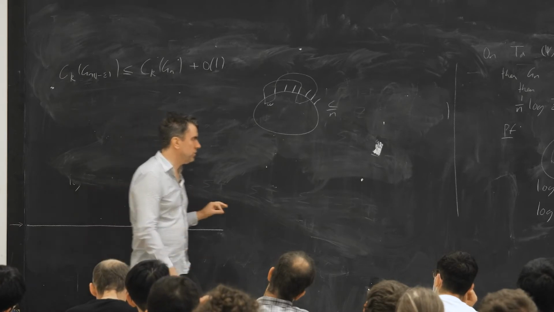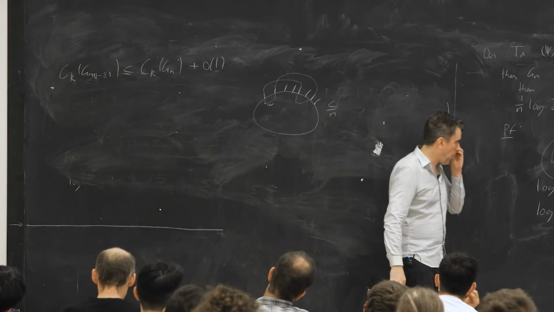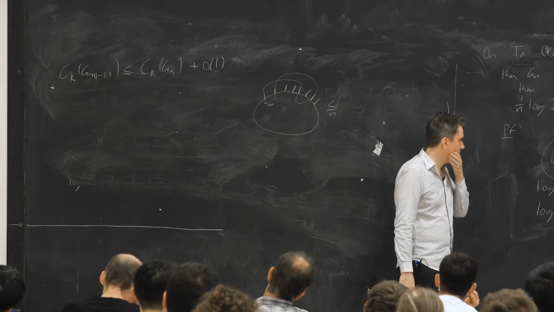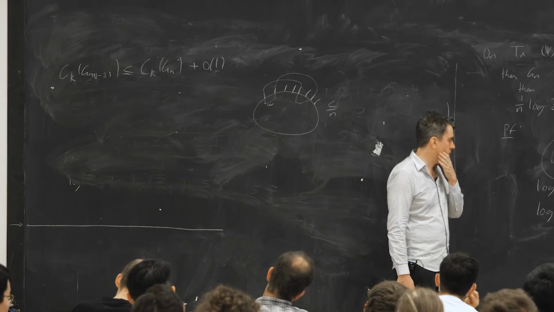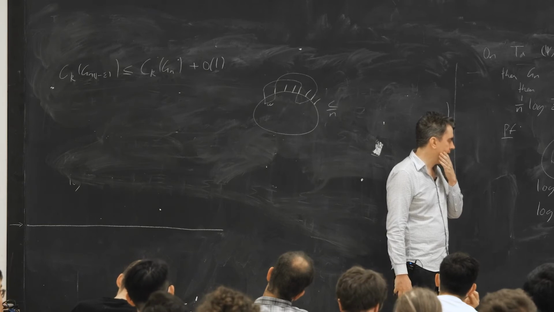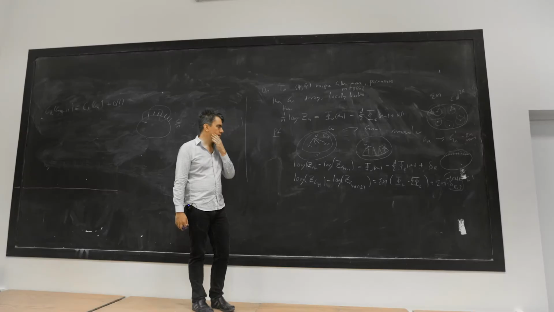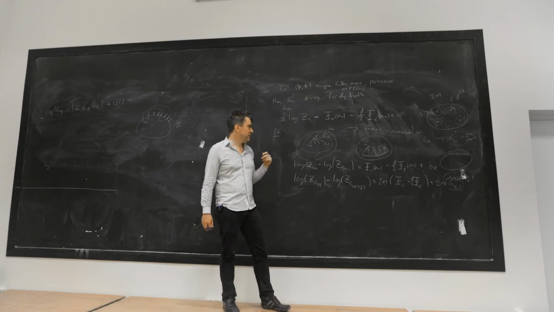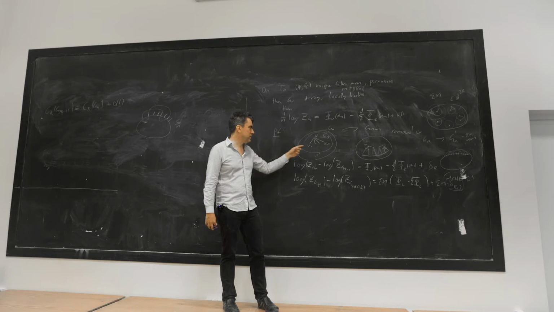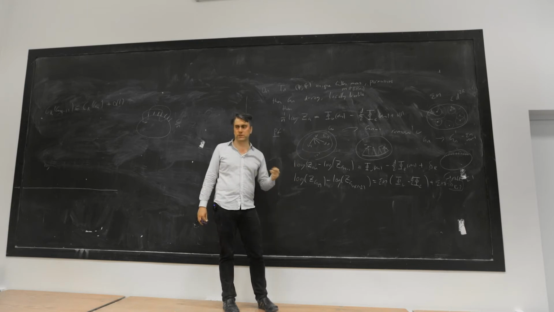If this was a random D-regular graph, then we could more easily analyze removing vertices one at a time.